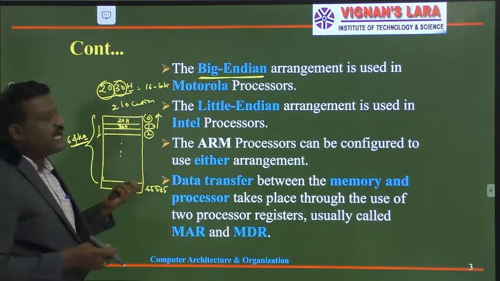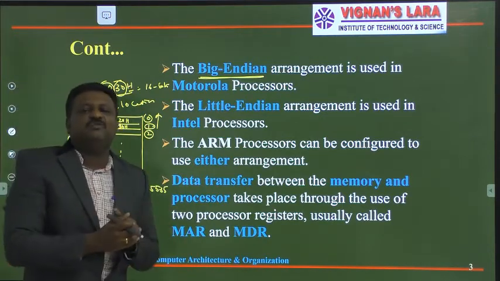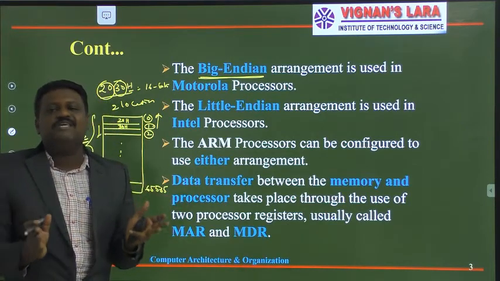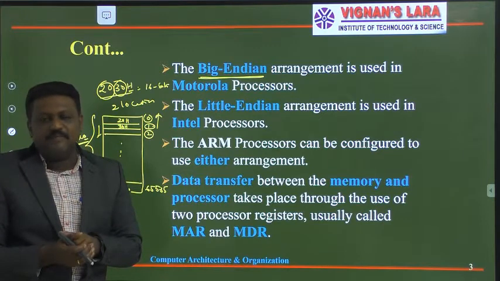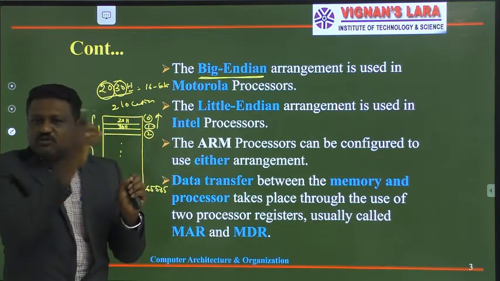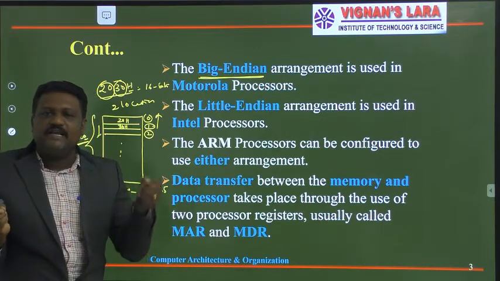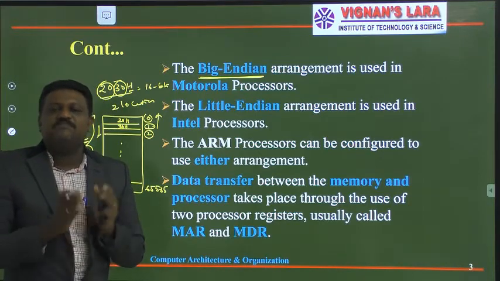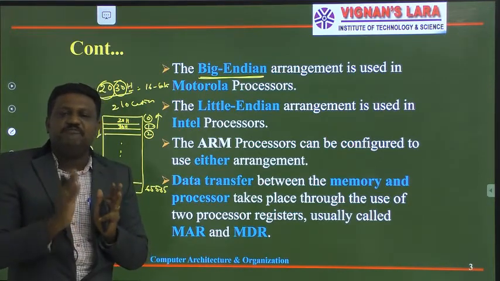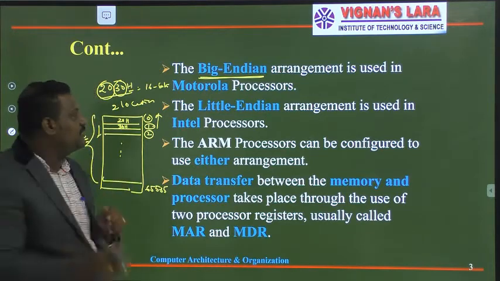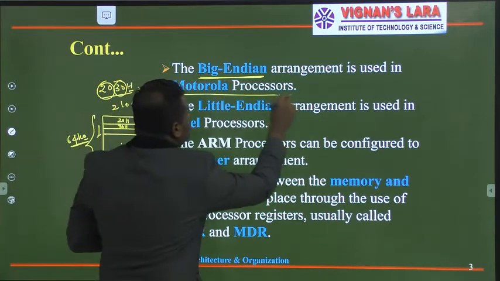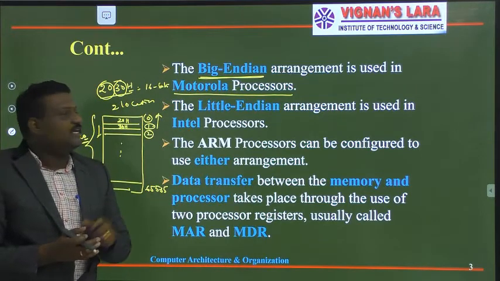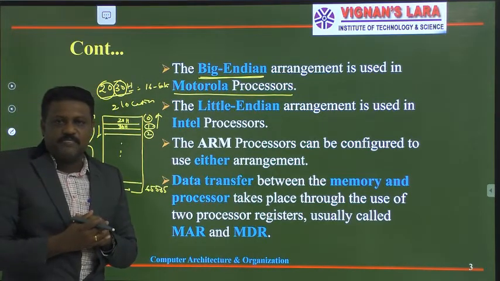If this is the scenario of a memory arrangement, then that is called the big endian style. This type of arrangement is found especially in Motorola processor based computer systems. So that is the meaning of the first statement.